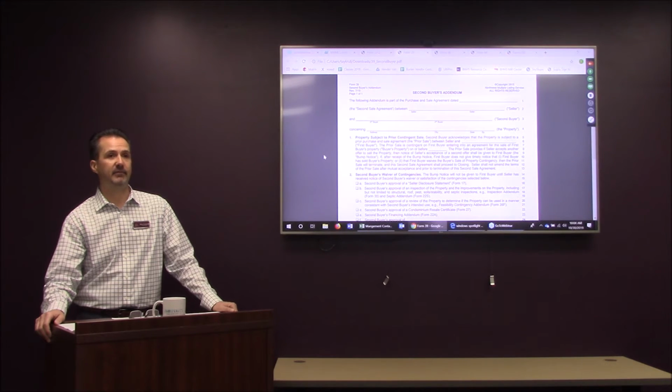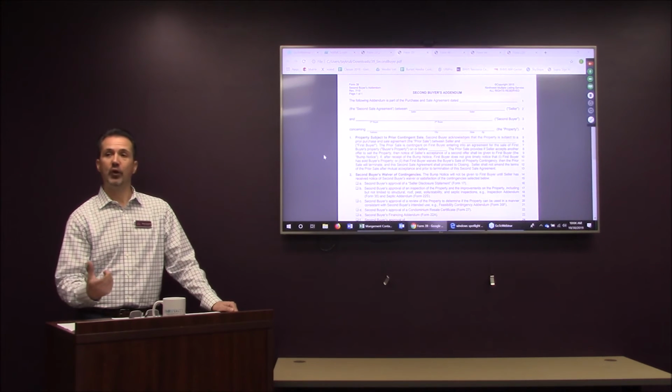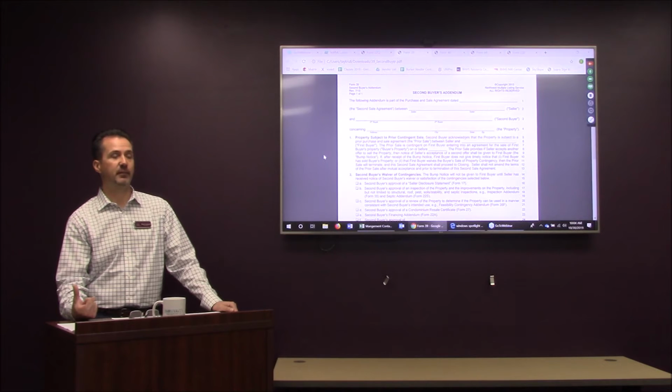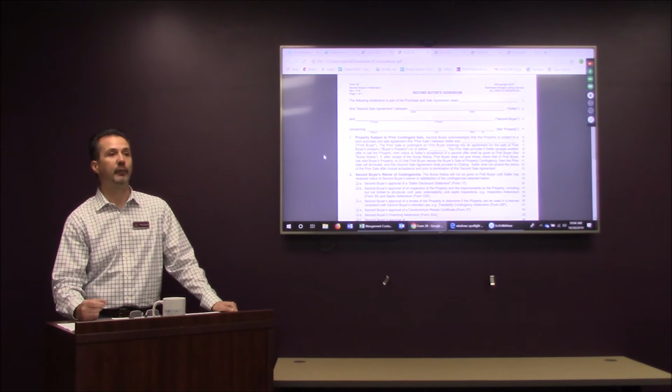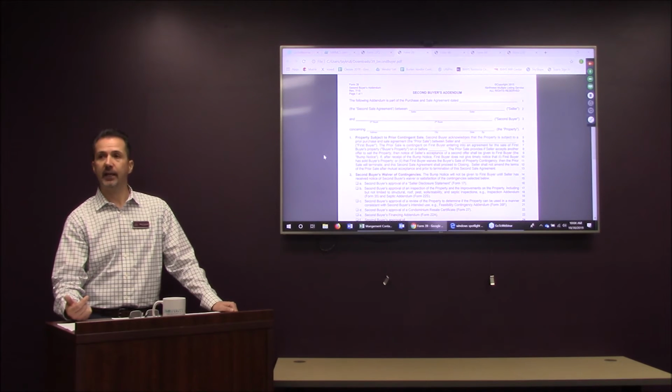If they're listing it higher than what you think it will sell for, that home's just going to sit. That means your listing's going to sit for a while, because when you go contingent, you're getting fewer people coming through your home. It's not showing up as active. Agents and buyers have to do a search for contingent homes.